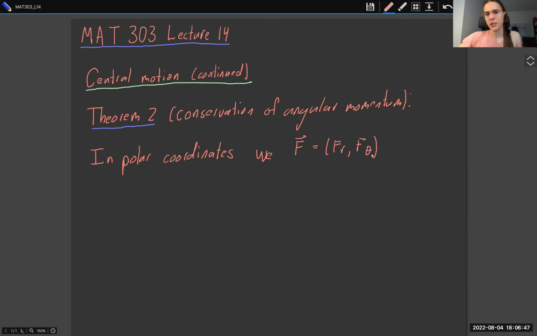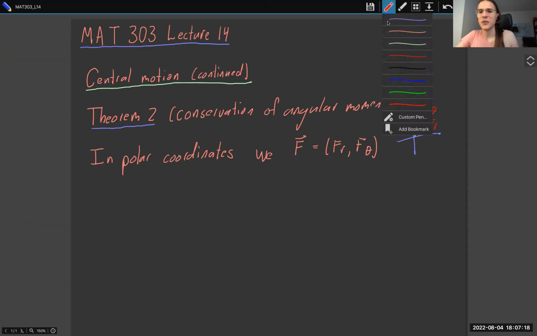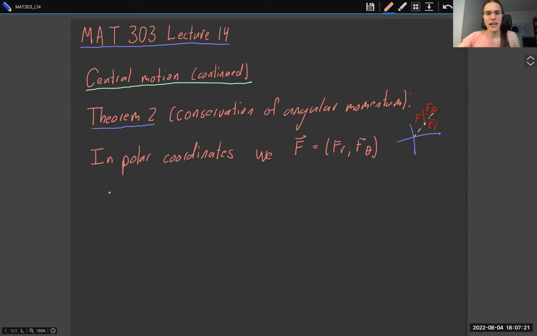If we remember the definitions, we had a coordinate system, and let's say you're located here. If there's some force acting on you, you can break it up into components: a radial part and an angular part. If the force is acting centrally, it's entirely radial, which means that F_theta is equal to 0.